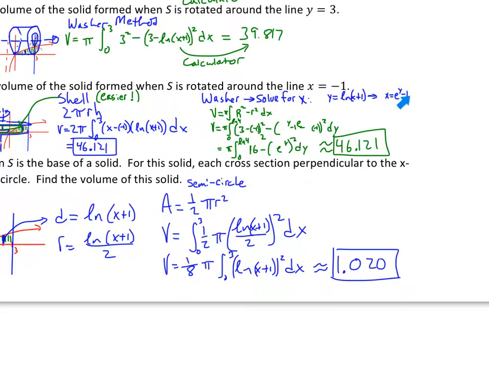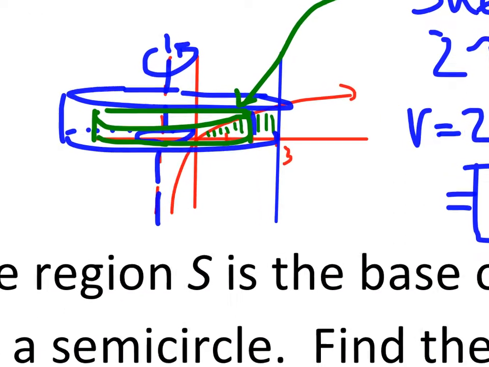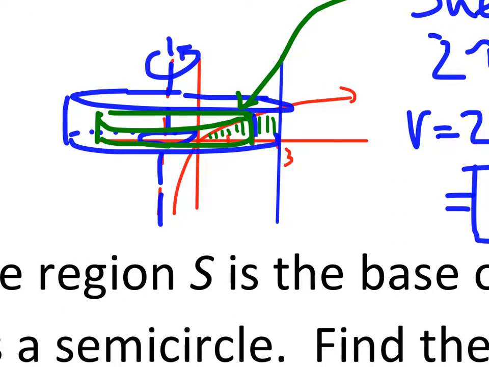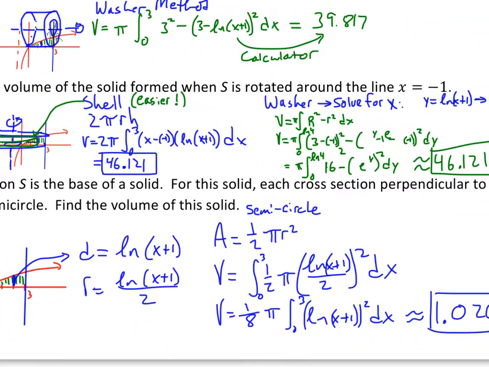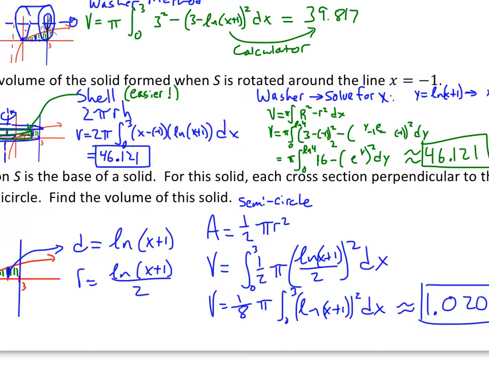This is x equals e to the y minus 1, because if we're using washer method, now we need to think of a disk going this way where this thing is getting spun around, making a washer. Okay, so we're talking about this horizontal. A little more challenging in this washer method here, but we end up with big R is going to be 3 minus -1, which is 4.